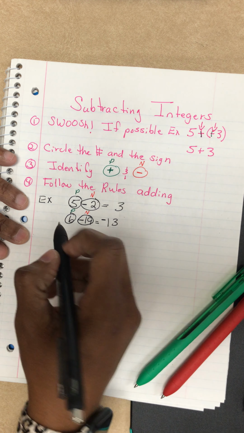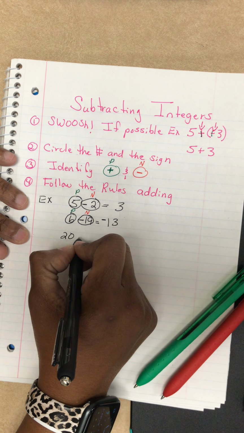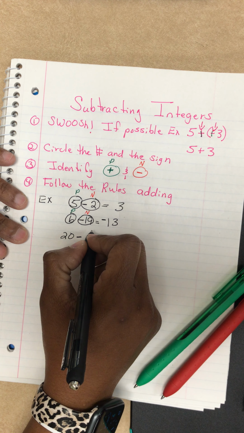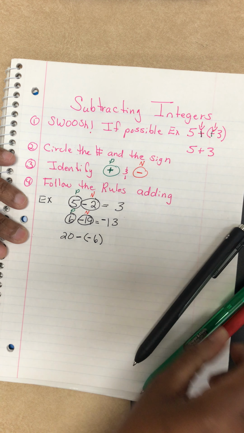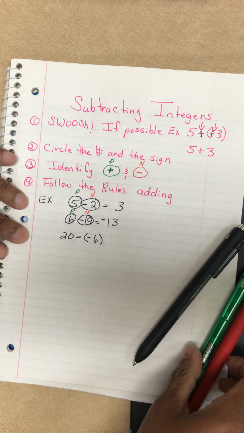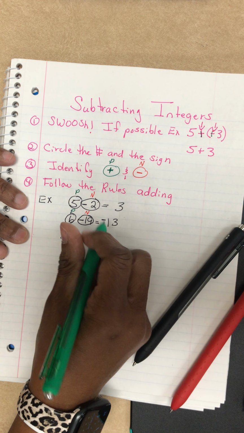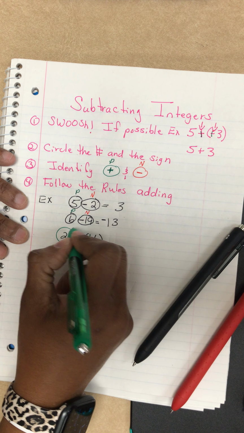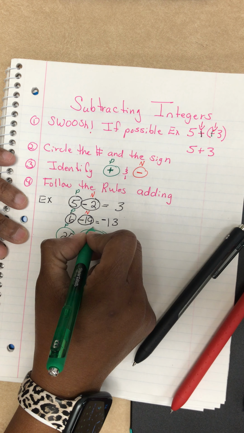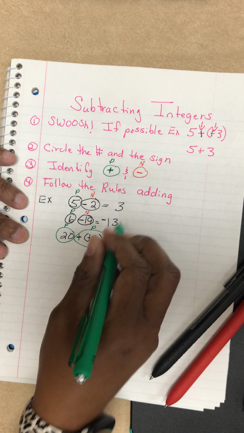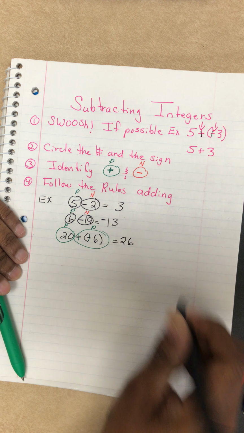Second example. 20 minus a negative 6. Got a negative and negative, so we swish it together. So now a positive and a positive, and that's going to equal 26.